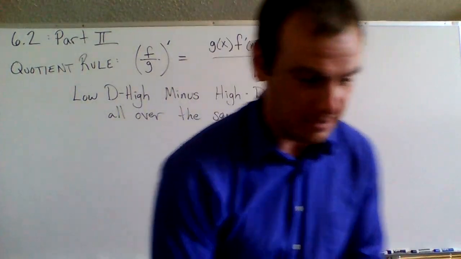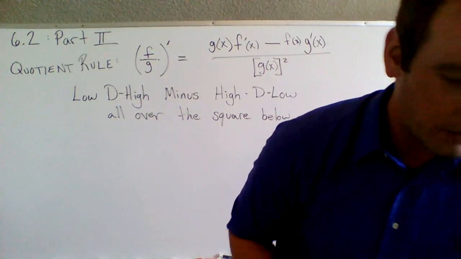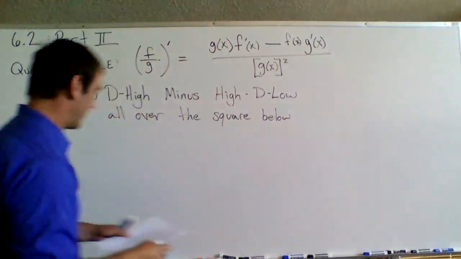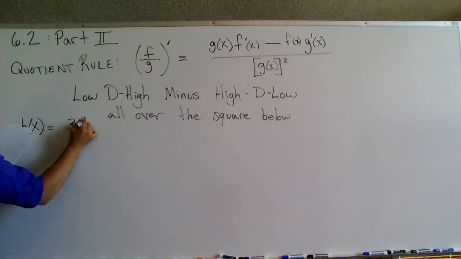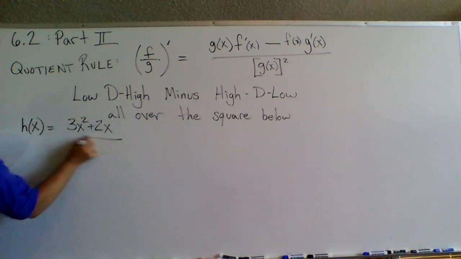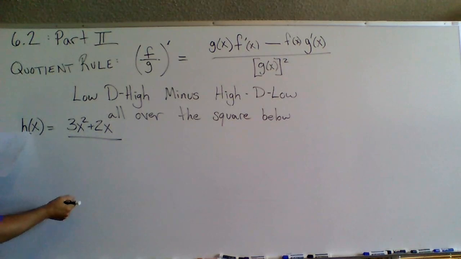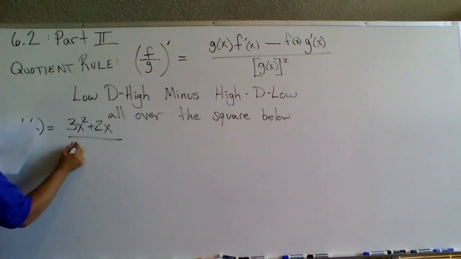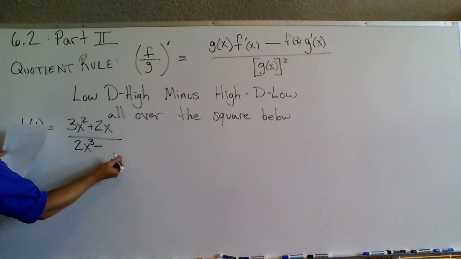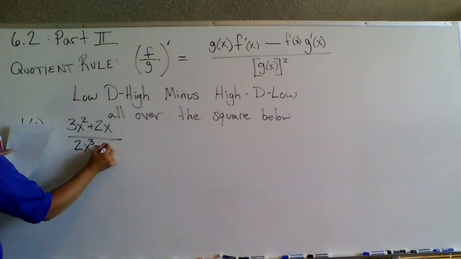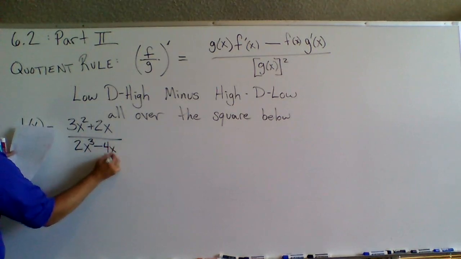Alrighty, let's see what we got here. Ooh, this one could be a doozy. Alright, we got h of x equals 3x squared plus 2x divided by 2x to the third minus 4x squared.